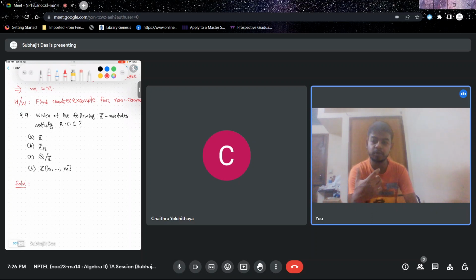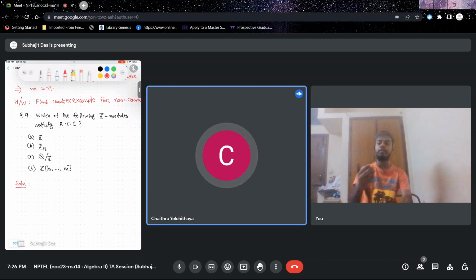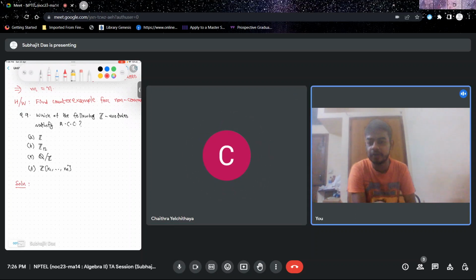What is a Noetherian ring? It is a ring which satisfies ACC on ideals, right? Now, ideals of a ring are precisely the submodules of the ring considered as a module over itself. So R is a Noetherian ring if and only if it is a Noetherian module over itself.